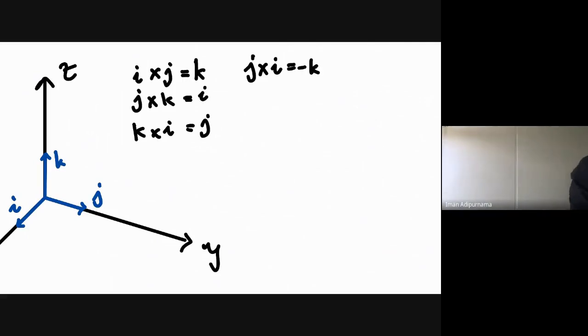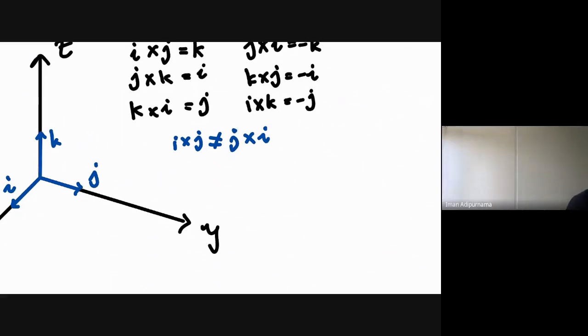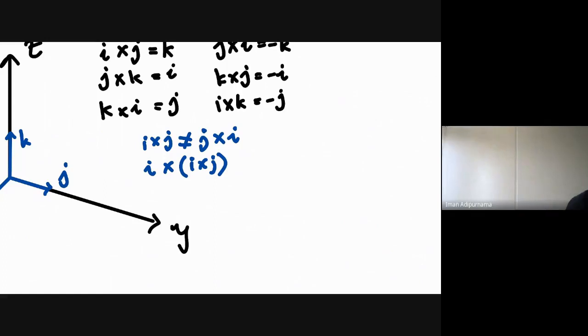So this becomes negative K, and this becomes negative I, and this becomes negative J. Also, if you have I cross, and then brackets I cross J, this will be I cross K, and this will be negative J. But if you have the brackets here and then cross J, it becomes 0 cross J, so it's 0.